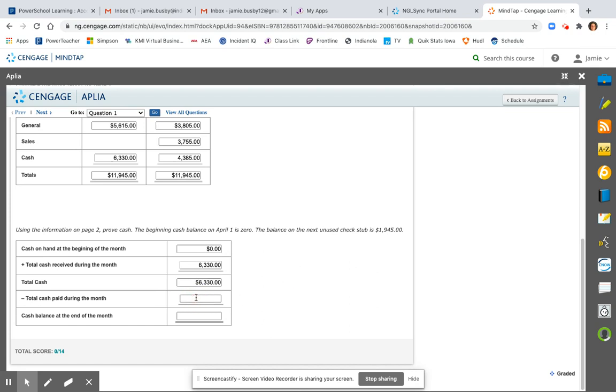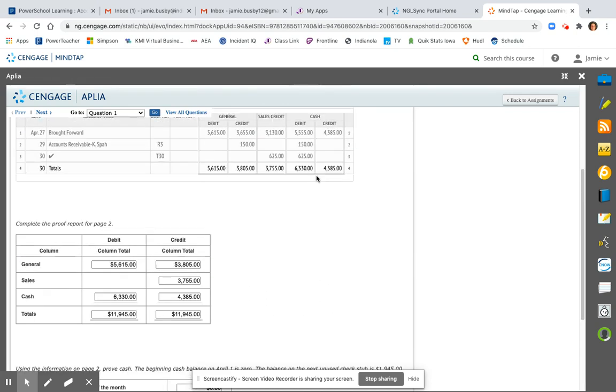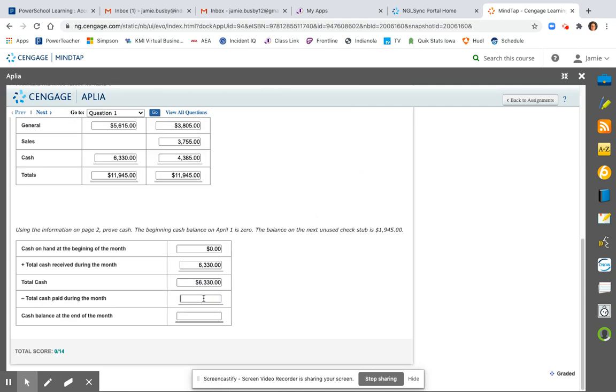Then we need to subtract the cash used during the month. Anytime we write a check, we credit cash. So we're going to use the cash credit amount, $4,385. Total cash minus the cash spent during the month. We are left with $1,945.